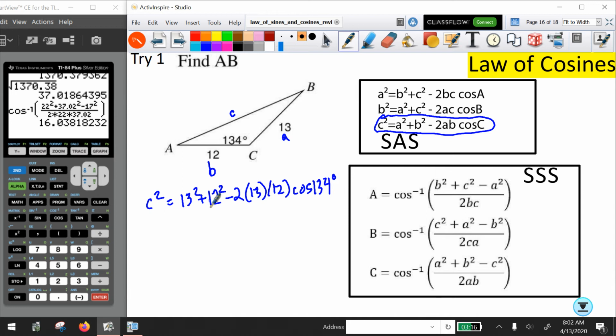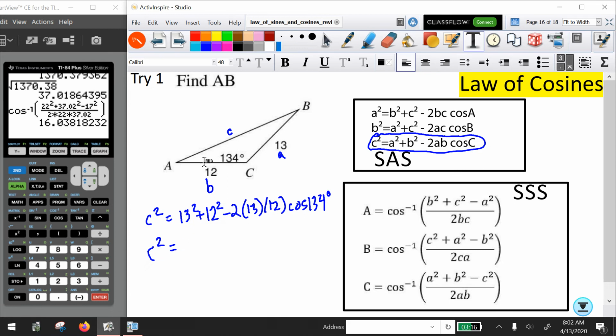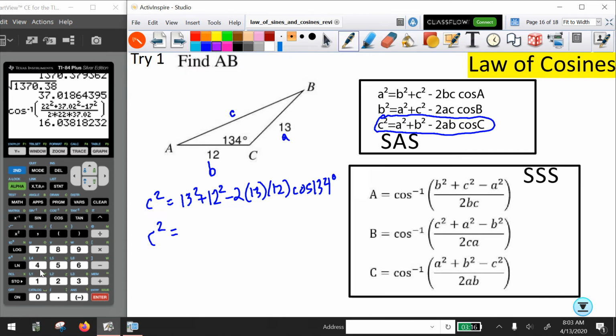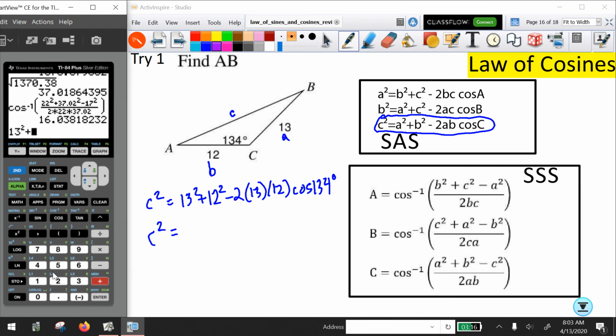I'm going to go ahead and type it in my calculator, and just remember, this is not giving us c, this is giving us c squared, so we are going to have to take the square root at the end. 13 squared plus 12 squared minus 2 multiplied by 13 multiplied by 12 multiplied by the cosine of 134 degrees.